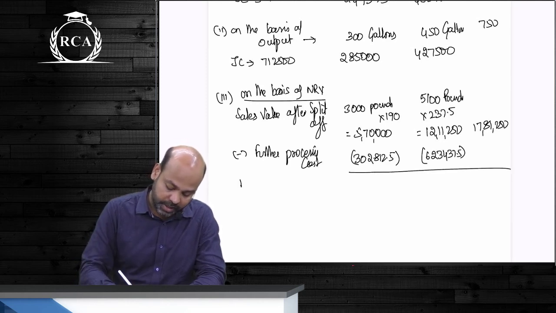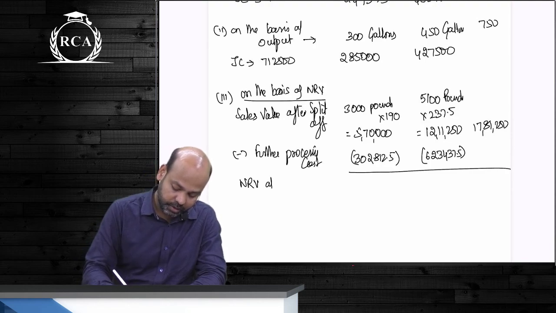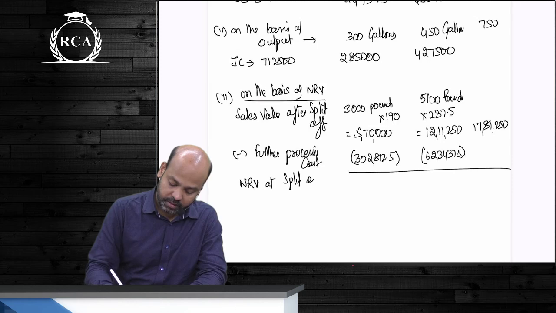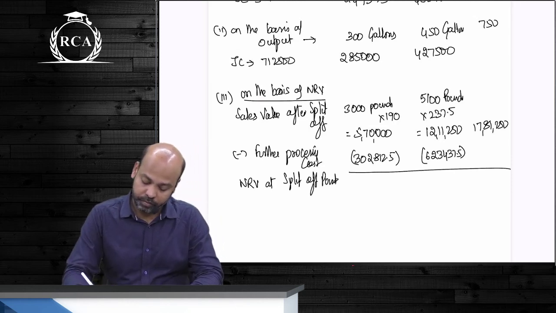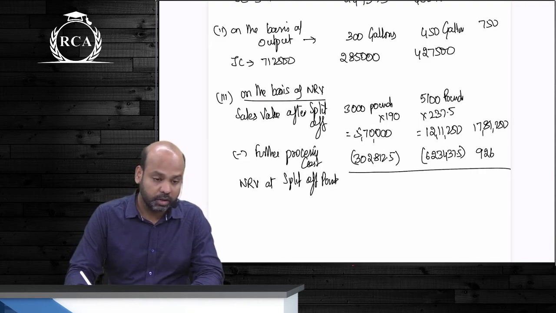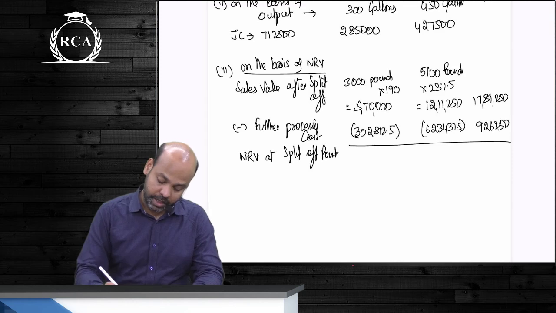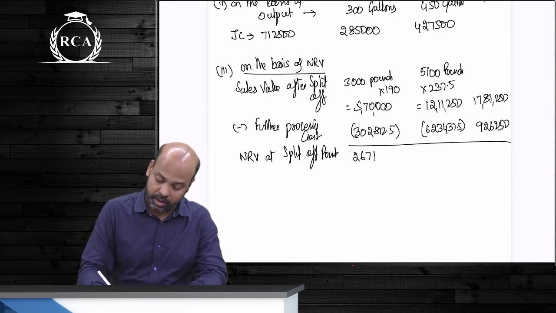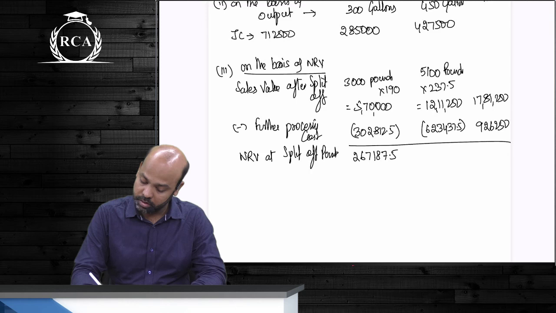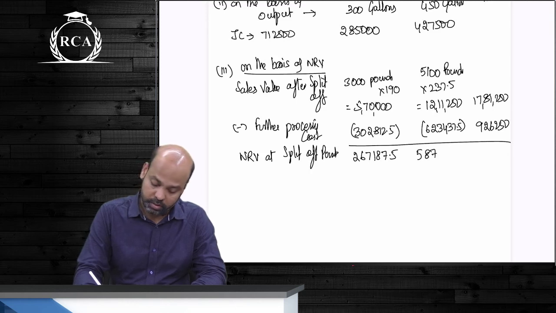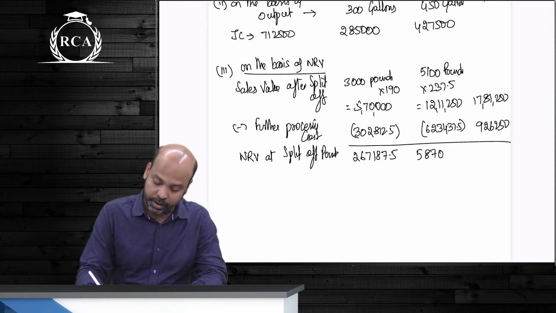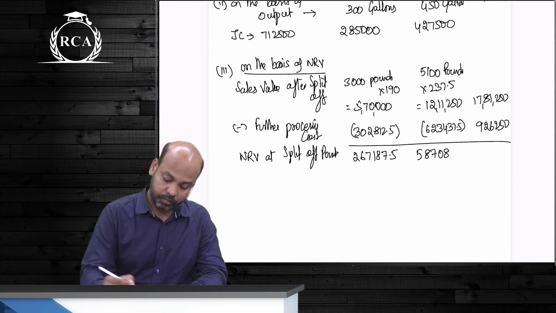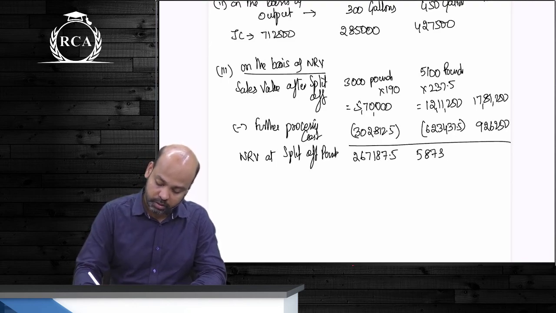Please deduct this, beta, and write NRV at split off point. One second, beta. How much is the total further processing cost? 9,26,250. Tell me the NRV, beta. 2,67,187.5. The second one, beta, 5,87,812.5. Total, beta.